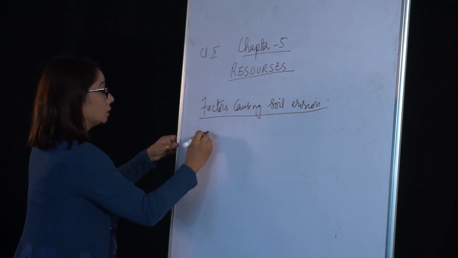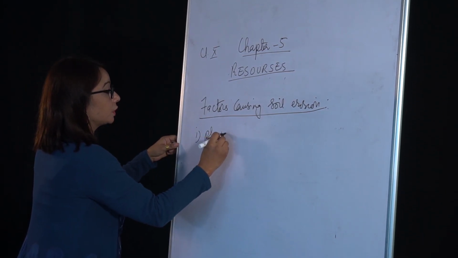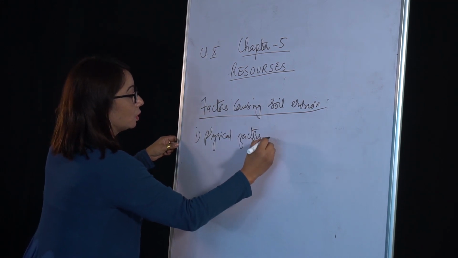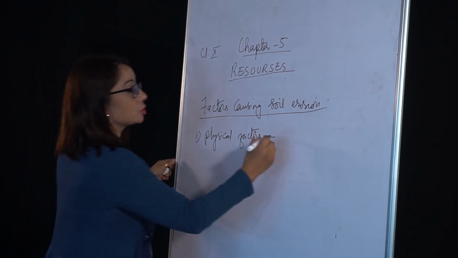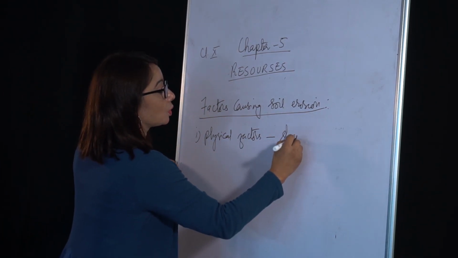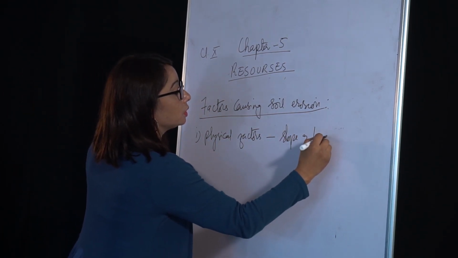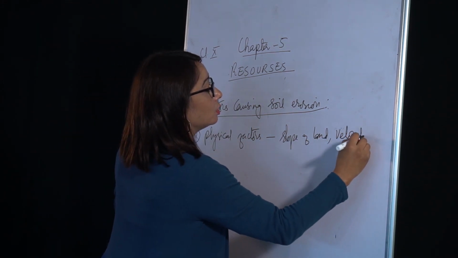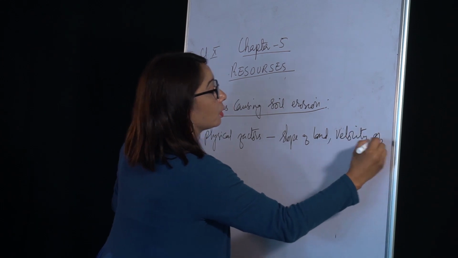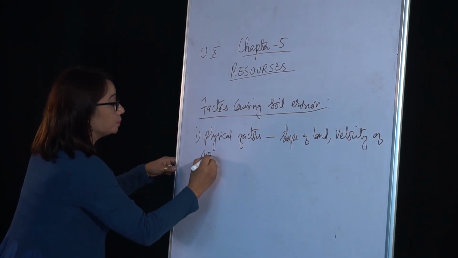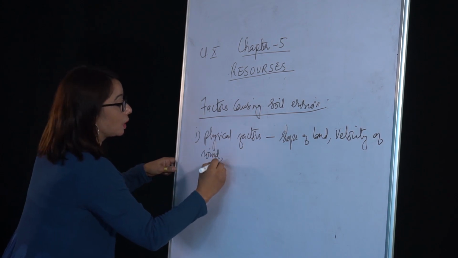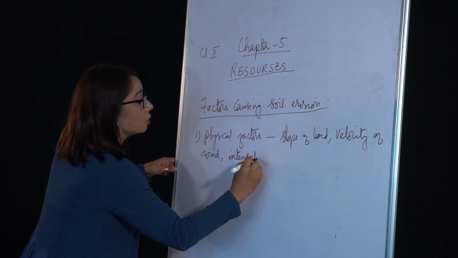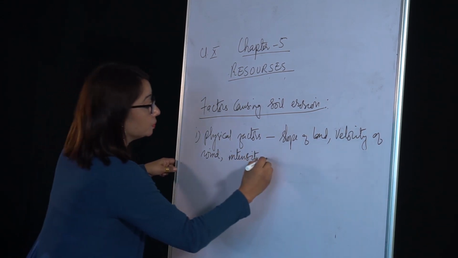One is physical factors. Physical factors include slope of land, velocity or speed of wind, and intensity or force of rainfall.